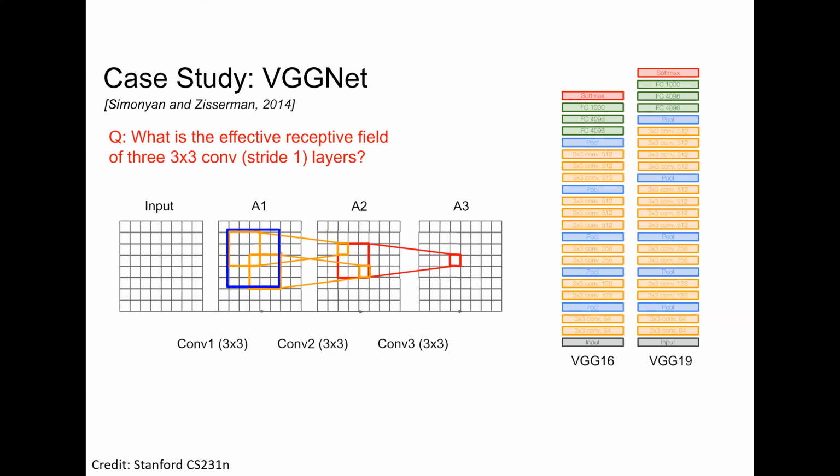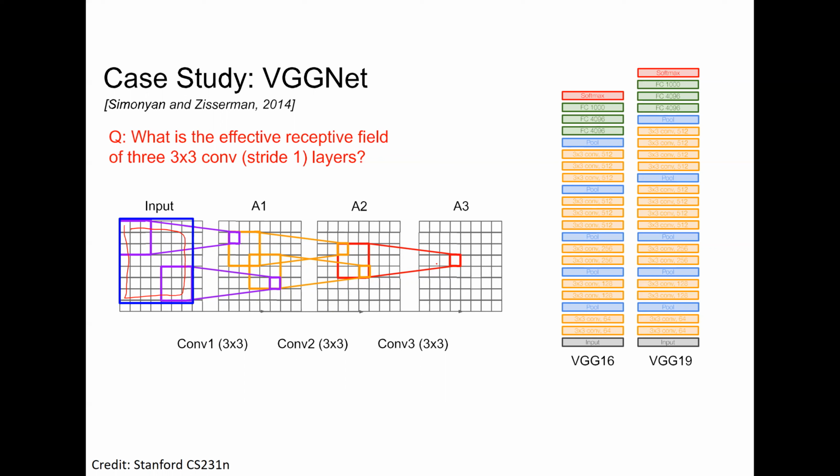Okay? And what about the next convolution? This pixel depends on these 9 pixels, and this pixel depends on these 9 pixels. And in total, this area.